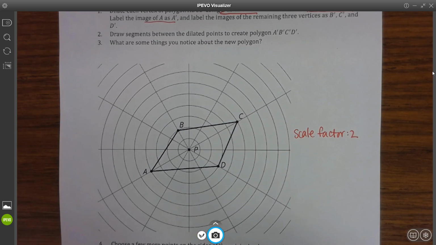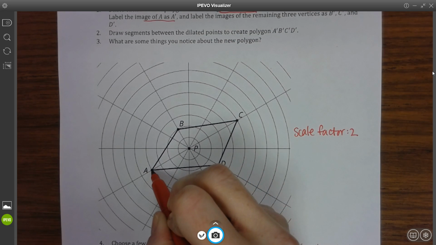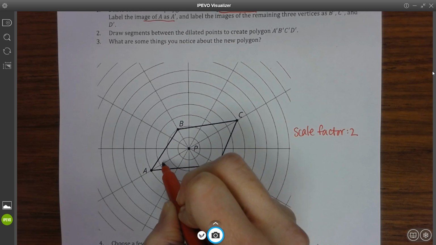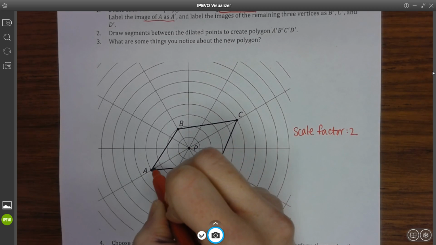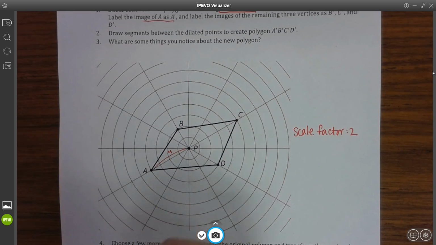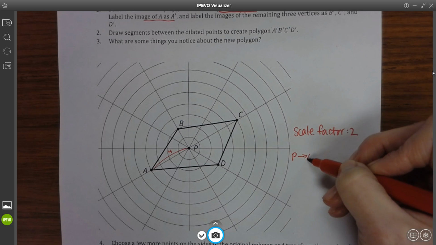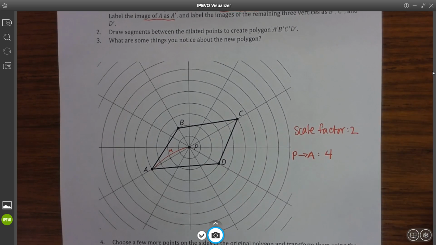Okay, so we start at P, and I go to A. So if I look at the distance from P to A, from P to A is 1, 2, 3, 4. So from P to A is 4. So on the side, from P to A, the distance is 4, right?